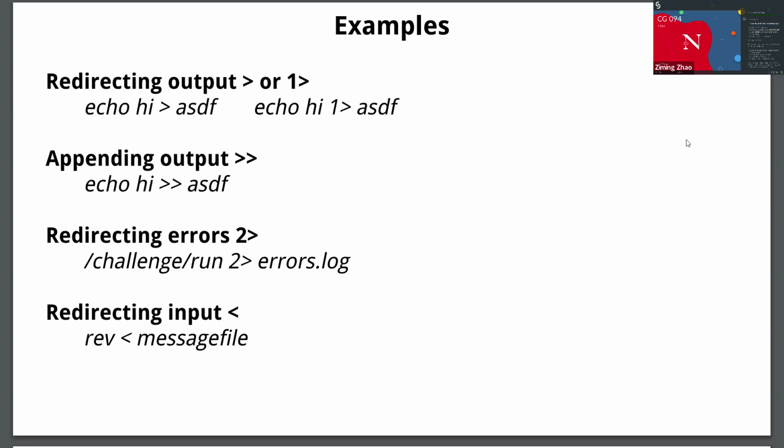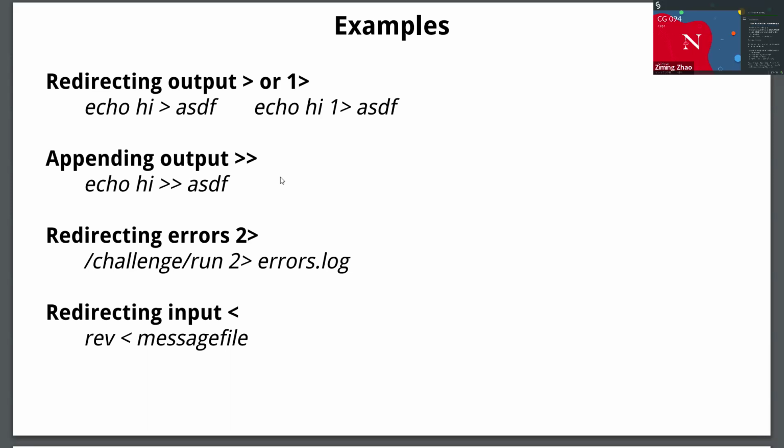In this case, the file name is ASDF. This is equivalent to 1 greater. In this case, 1 means file descriptor 1, which is std out, because std in is 0. So those two are actually equivalent.